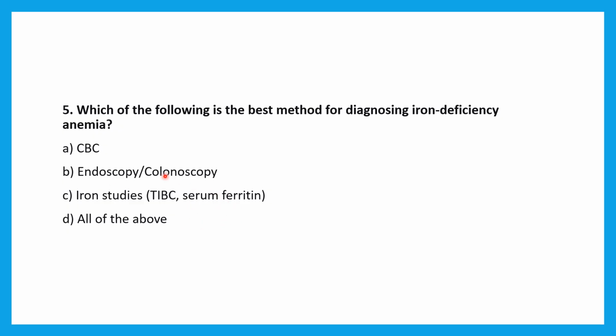And endoscopy or colonoscopy can locate the source of blood loss if that is the underlying issue. And therefore, the correct answer is all of the above. A comprehensive approach is the best. So the correct answer, question number 5, is all of the above.